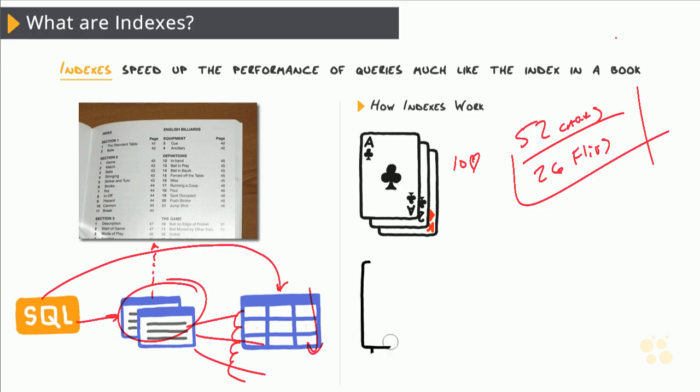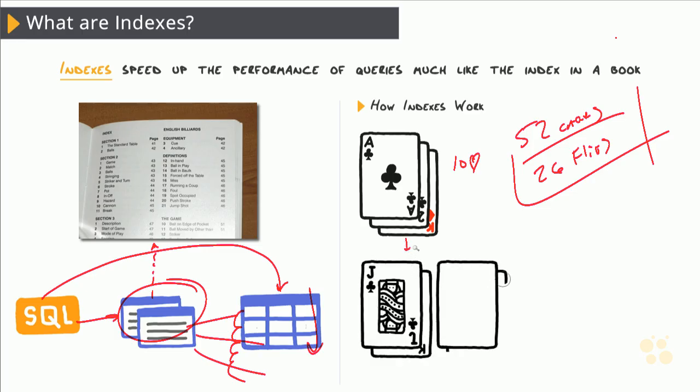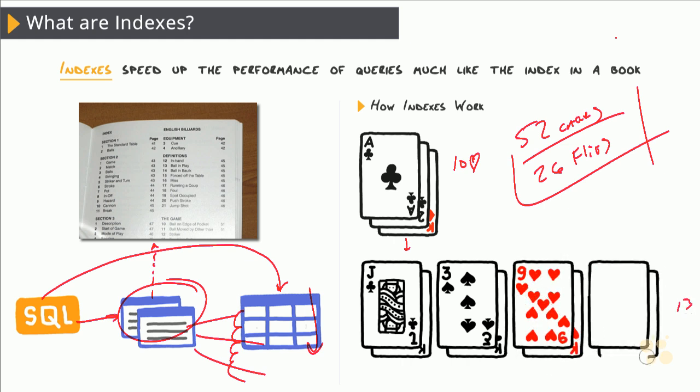Let's look at a better method of doing that. Let's say we broke that pile down into 4 piles by suit, which would give us 13 cards per pile, right? We've got clubs, spades, hearts, and diamonds. Now, on average, it's going to take us 2 times to find which pile contains the hearts. And then it's going to take us 7 times, roughly, to find the 10 of hearts in that pile, which gives us a total of 9 flips.